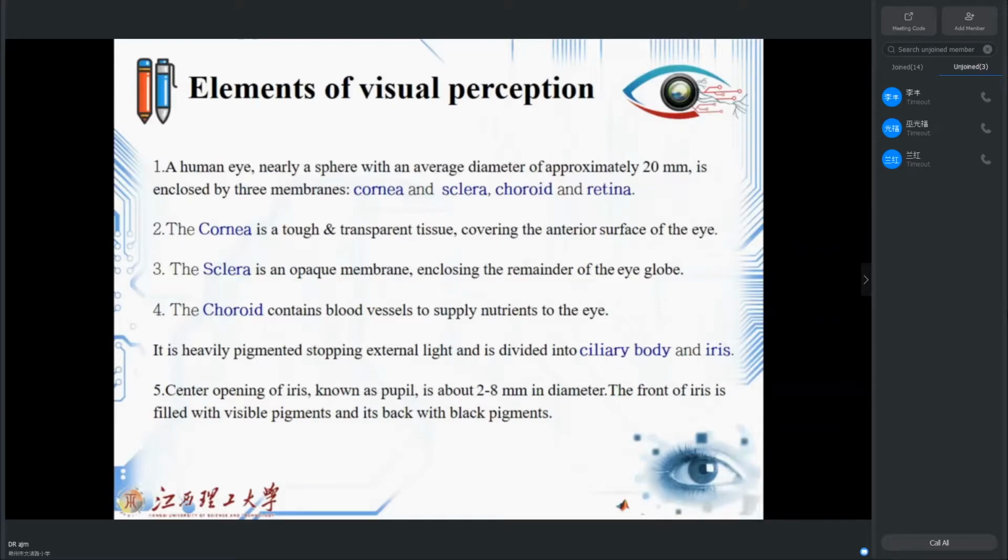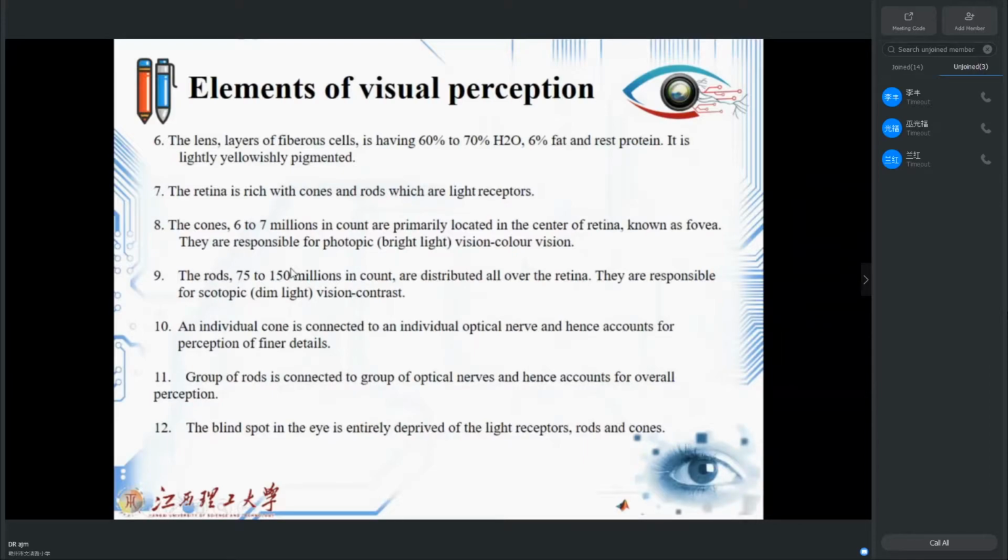The front of the iris is filled with visible pigments, and the back is packed with black pigments. If I wanted to give you some biological detail, I can say that the lens, which is made of fibrous cells, is 60% to 70% H2O, 6% fat, and is slightly yellowishly pigmented.